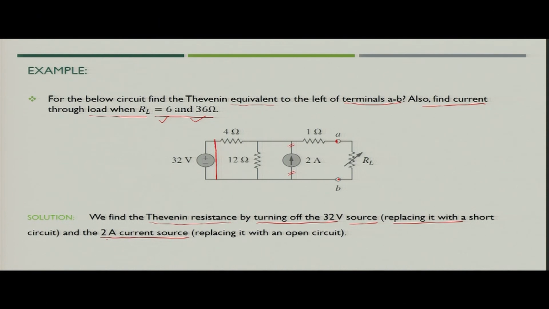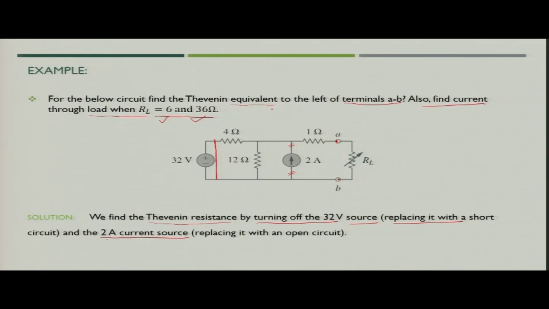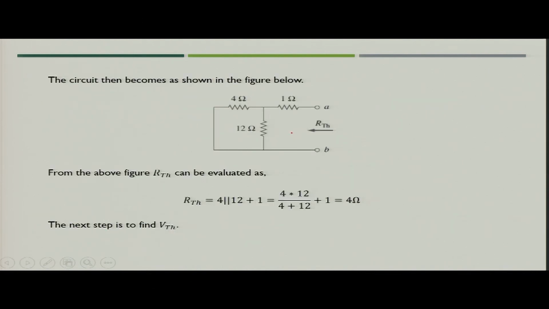So, what will be the updated circuit in that case? We are left with only the 4 ohm resistance in parallel with the 12 ohm resistance, and then finally the parallel combination in series with the 1 ohm resistance.